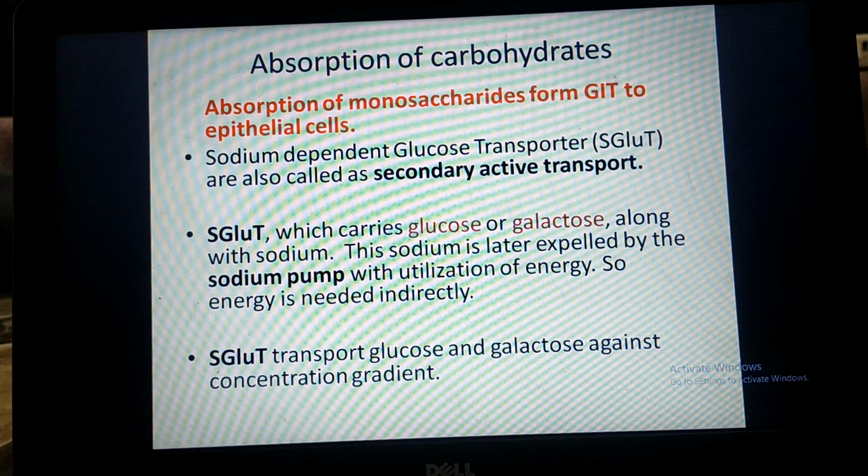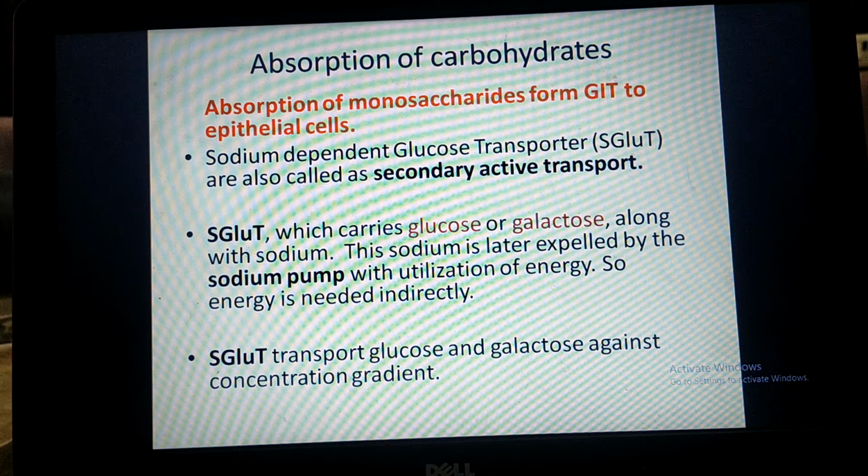So this slide shows the same thing that I have already explained. Sodium dependent glucose transporter is also called secondary active transport. Why it is called secondary active transport, I have explained. It transports glucose or galactose along with sodium and the sodium is later on expelled by the sodium pump by using energy.